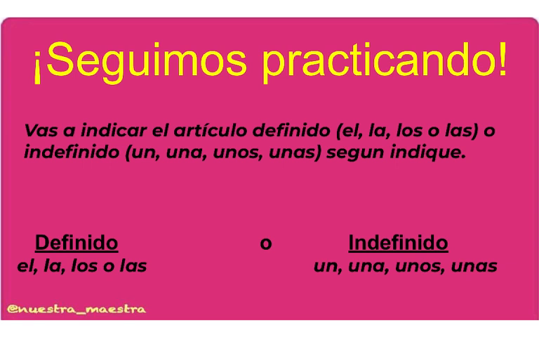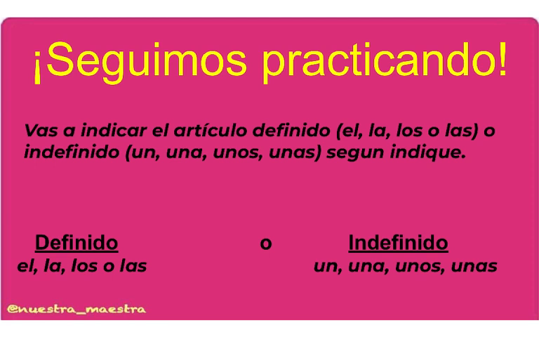Vamos a seguir practicando. Now draw a line across the middle of your list where you're at now. We're going to decide if the following words are either masculino, definido o indefinido. Si son indefinidos, vamos a usar un o unos.